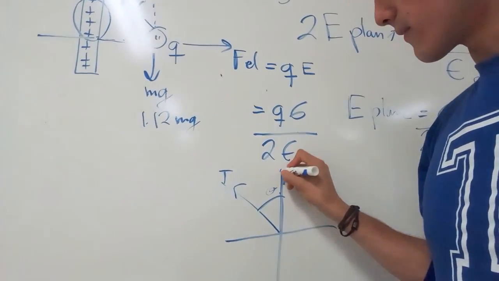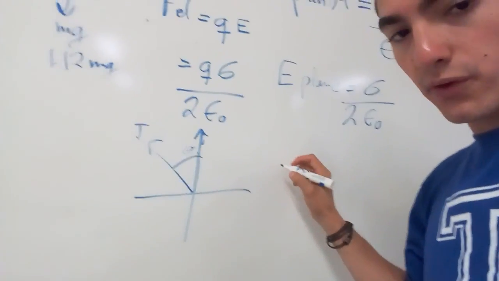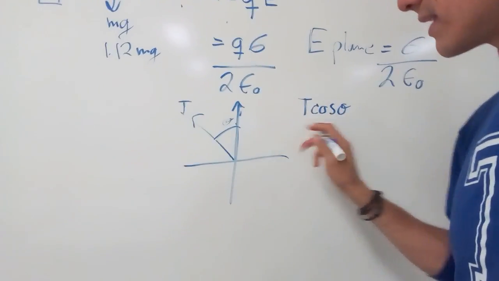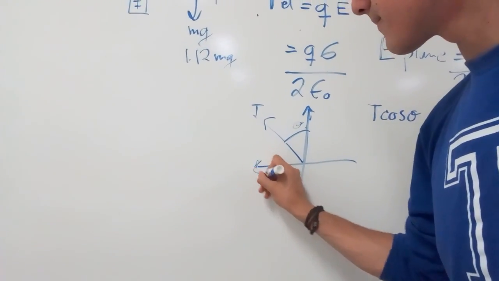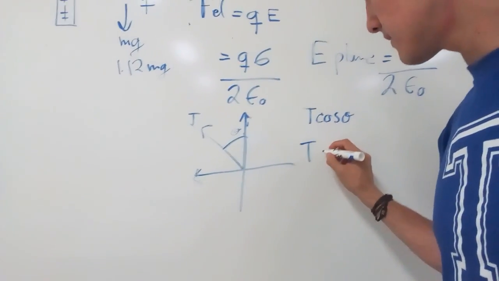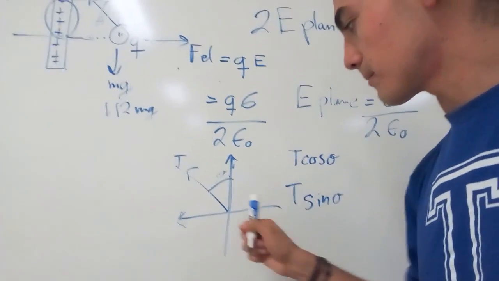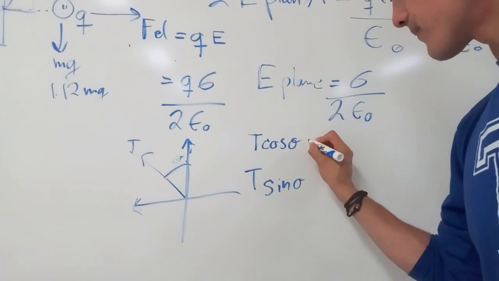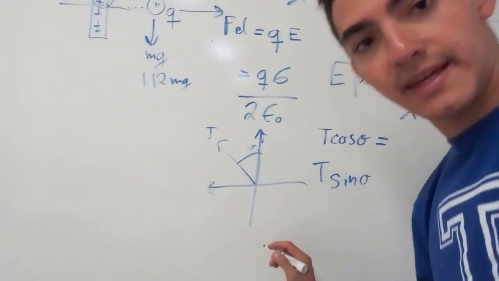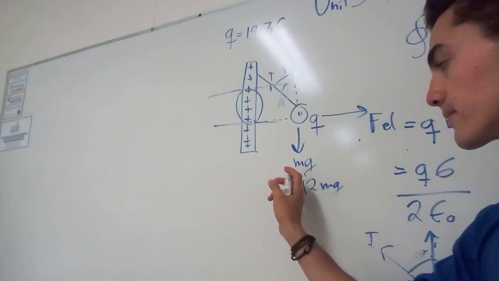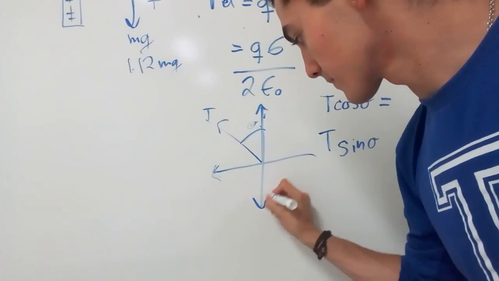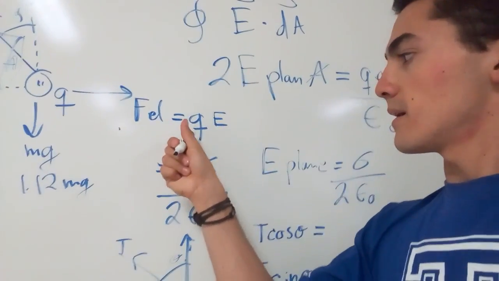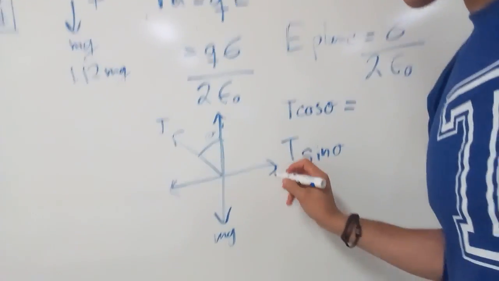So the y component will be the tension times the cosine of theta, and for the x component will be the tension times the sine, because it's the adjacent catet. So as we can see here in this part, we will have the mass times the gravity, and here in this part we will have the charge times the electric field.